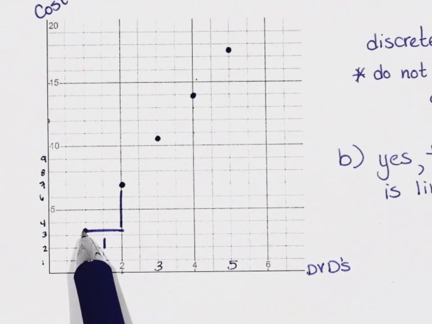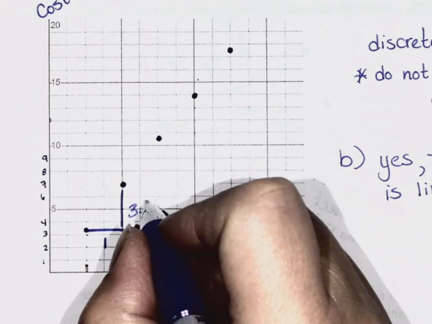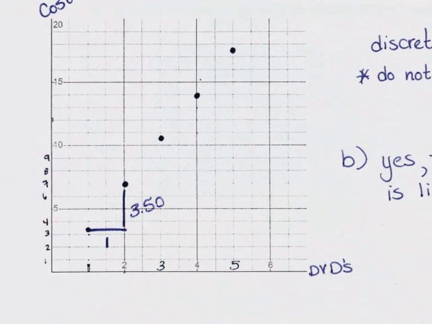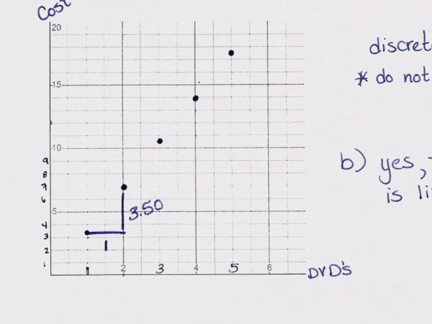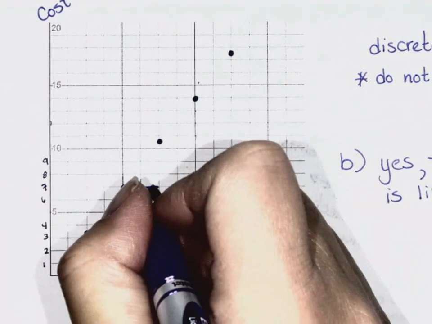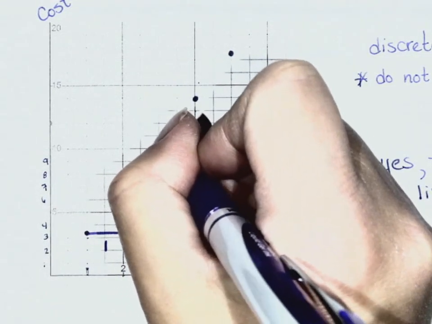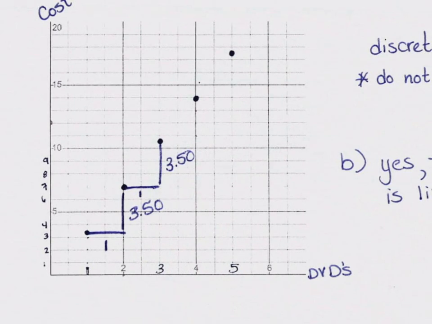So I'm at 3.50, and now I'm at 7. There's a difference of $3.50. So the pattern is shown on the graph. The change in the x values is shown right here. It's a 1. The change in the y is shown on the y column. So it's increasing by that same amount every time.